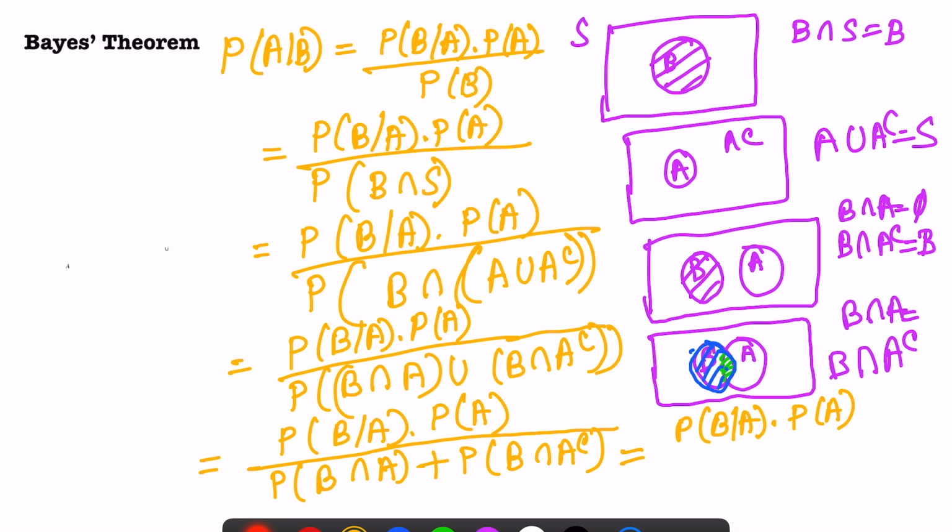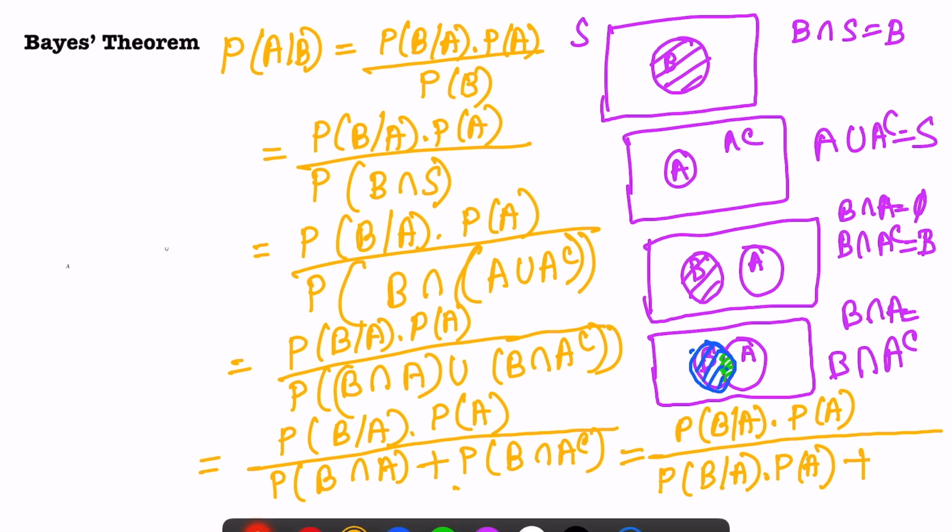This numerator part is not changing, but this one we are just trying to simplify once again. Probability of B intersection A, what we can write it as? Probability of B given A multiplied by probability of A. And how do we write this one?